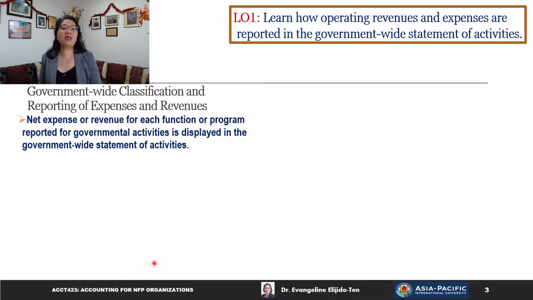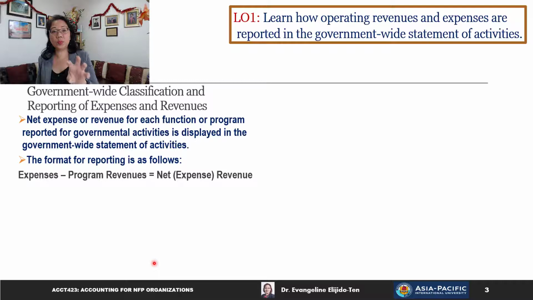When we're talking about government-wide classification and reporting of expenses and revenues, we need to know the different functions or programs reported by the governmental activities, because they will be displayed at the top of the statement of activities. The format for reporting will be expenses minus program revenues equals net expense or net revenue.